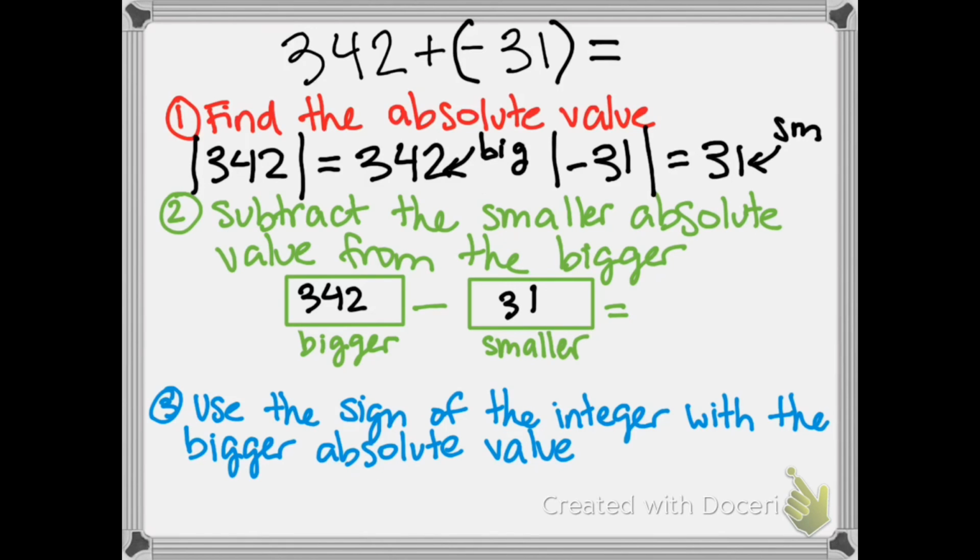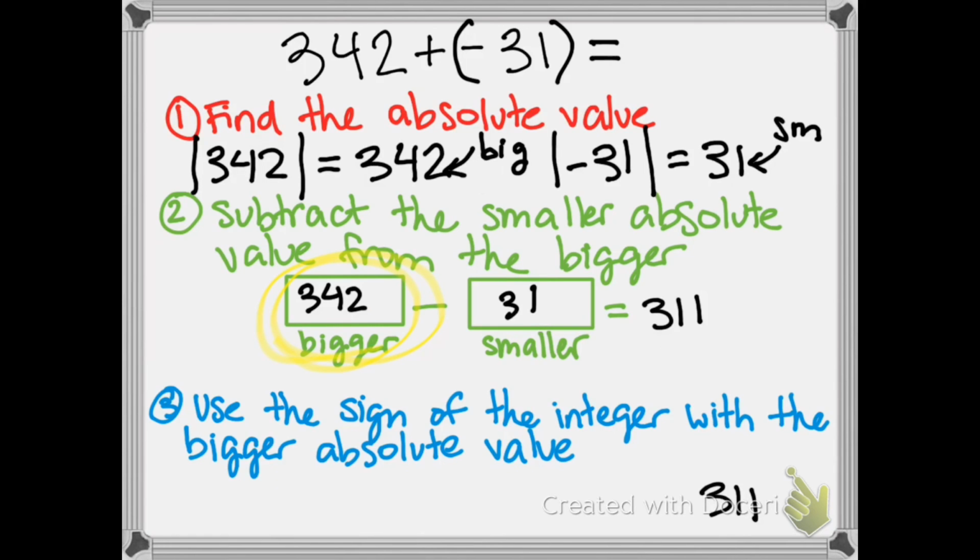Okay, so if I subtract those numbers, I'm going to get 311. So I know that my answer has 311 in it. I just have to see whether the answer is going to be positive or negative. So I'm going to look at which of these numbers had the biggest absolute value.